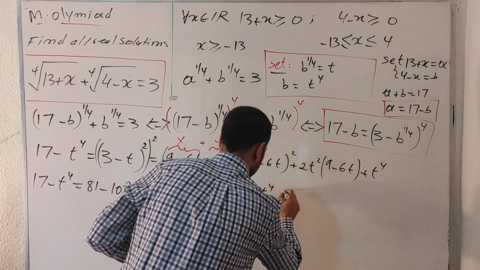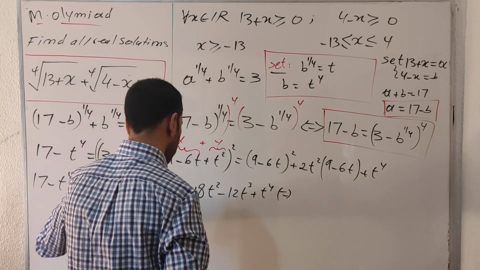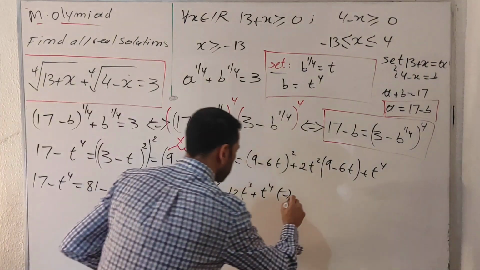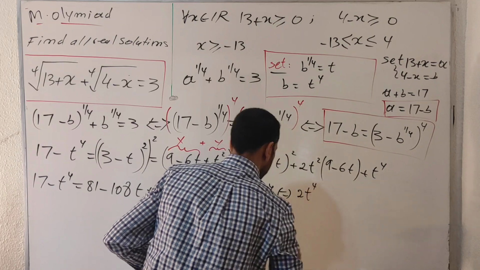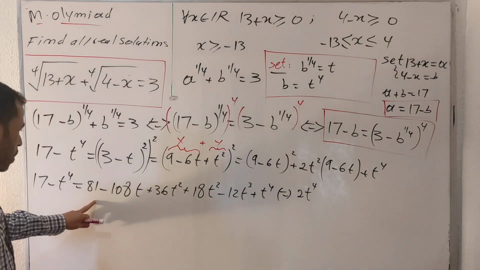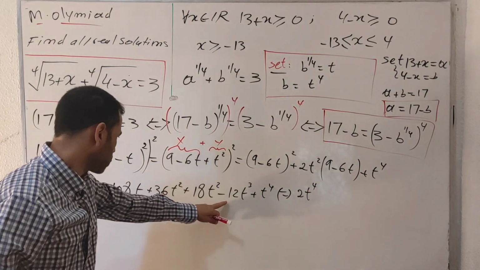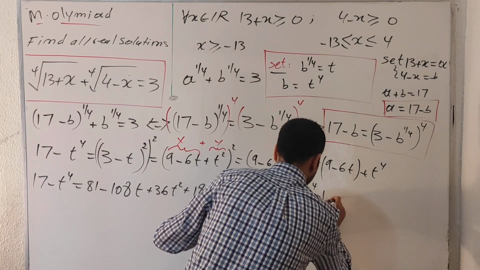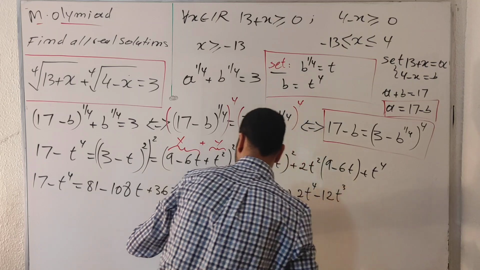I will have t to the fourth plus t to the fourth, which is 2 times t to the fourth. I will also have minus 12t cubed.